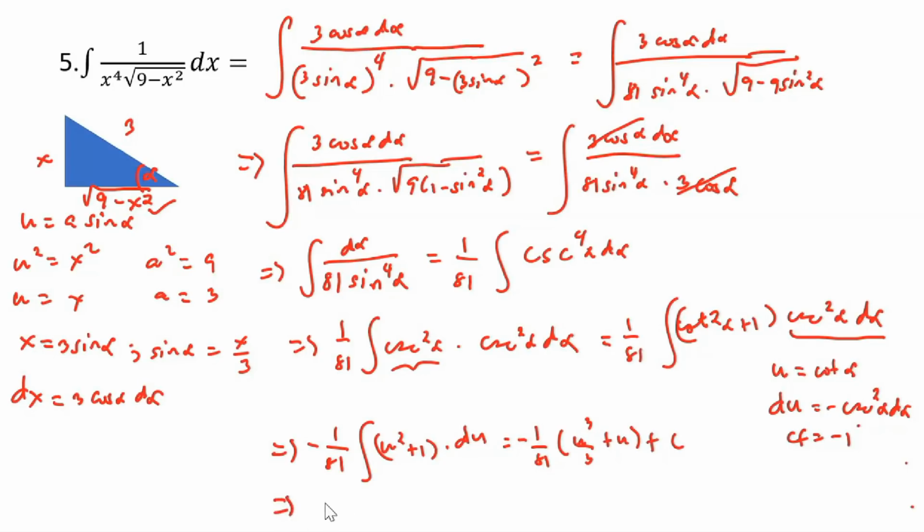So we can now write here the negative of 1 over 81 of cotangent cubed alpha over 3 plus cotangent alpha plus a constant. We are going now to rewrite the meaning of alpha in terms of x. So I will just rewrite the last term: the negative of 1 over 81 times cotangent cubed alpha over 3 plus cotangent alpha plus a constant.